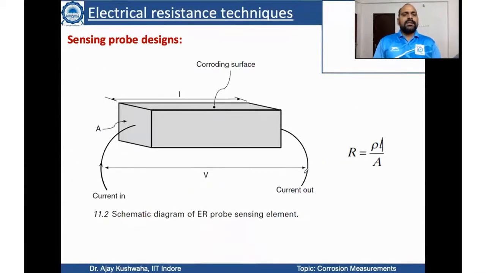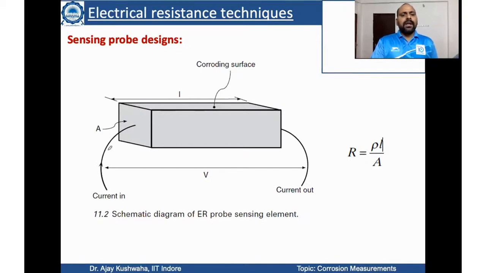Here we can understand a sensing probe design. Let's say it's a simple structure having a cross-sectional area A and length L, so the volume is A multiplied by L. If we consider this top surface is going to corrode due to the environmental exposure, then the thickness or the area of this probe will reduce with respect to time.